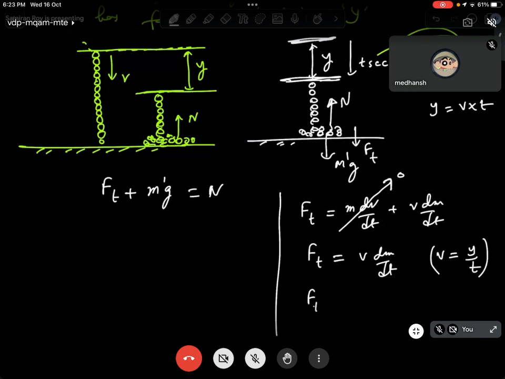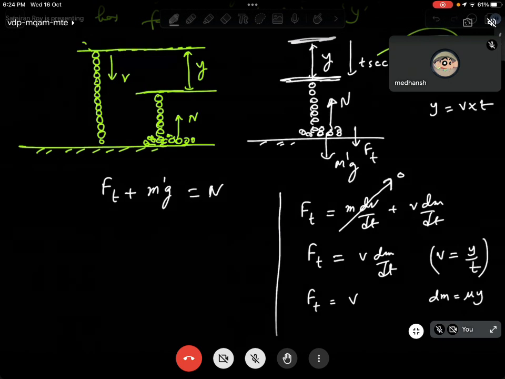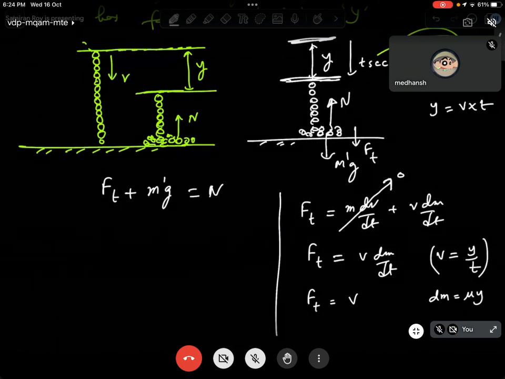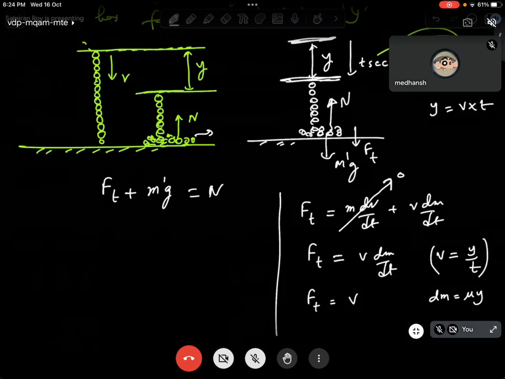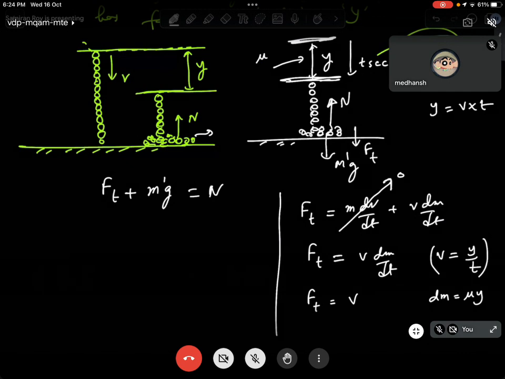So what is Ft? Ft is v into dm by dt. What is dm? dm is mu into y. Do you agree? How much mass has fallen here? That is m dash, basically mu into y, because mu is mass per unit length. So for y length, the mass is mu into y.